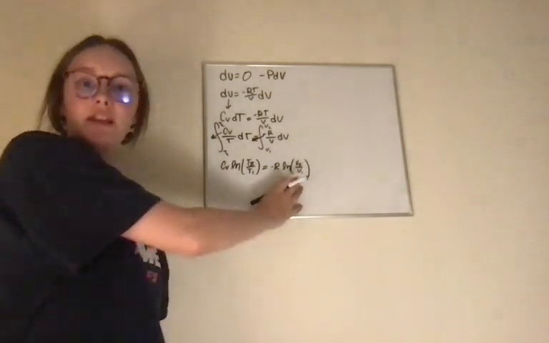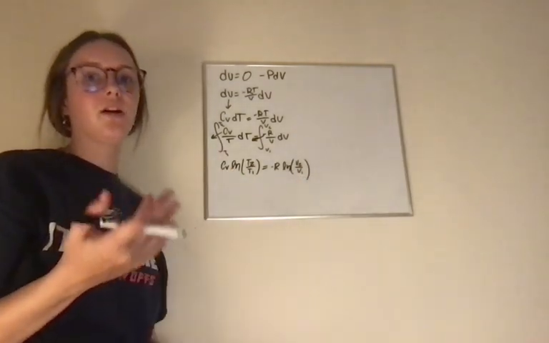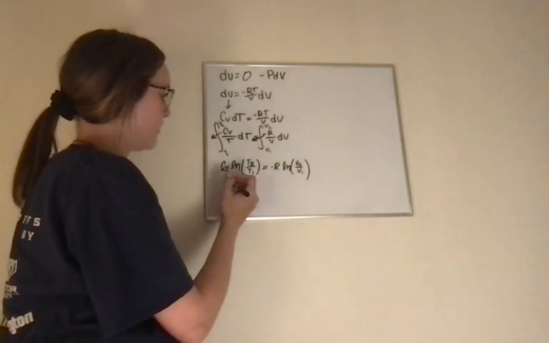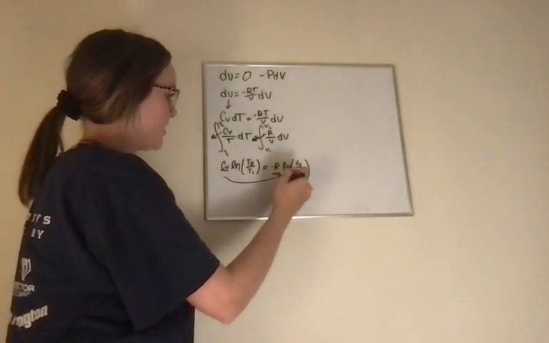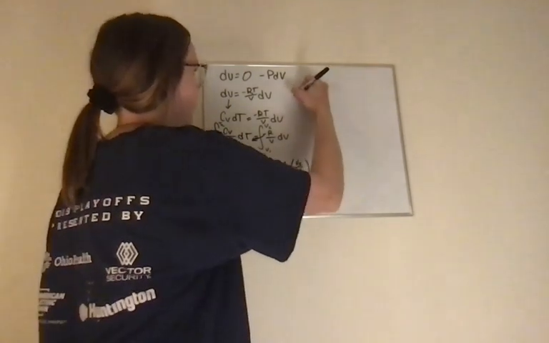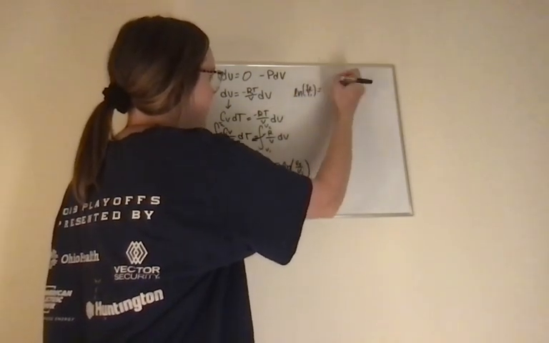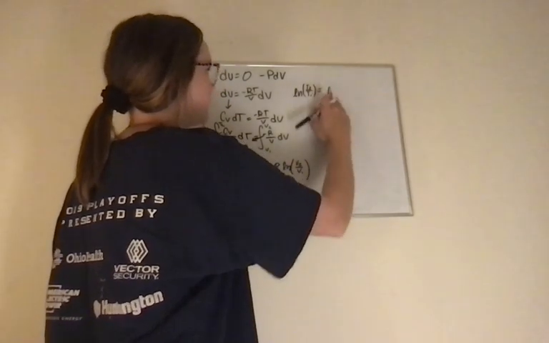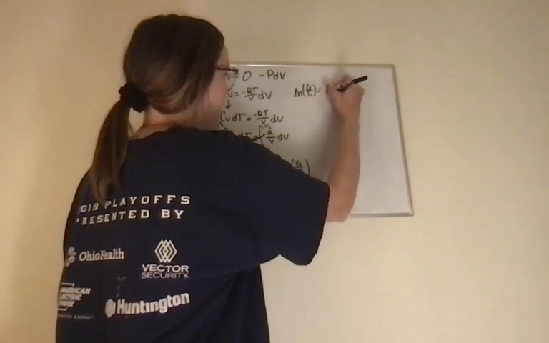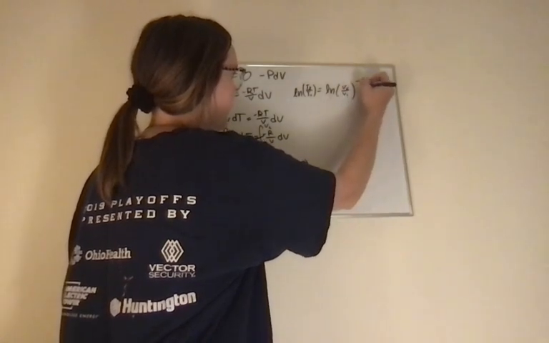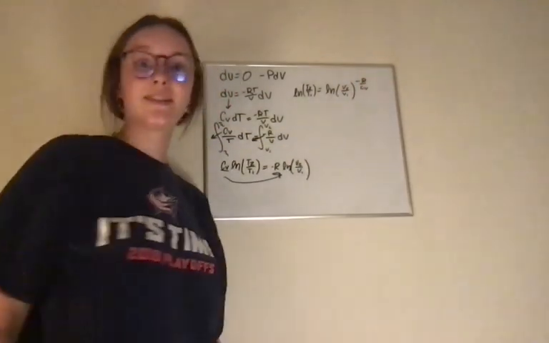So now that we have this, we're going to use a property of a natural log to move this CV over to this side, and we're going to end up with natural log of T2 over T1 is equal to natural log of V2 over V1 to the negative R over CV.